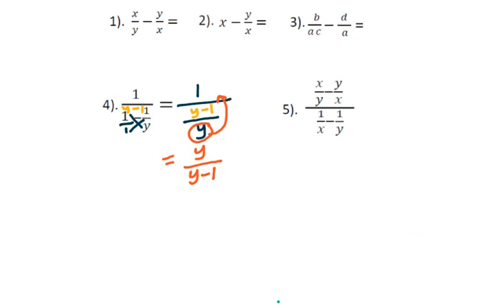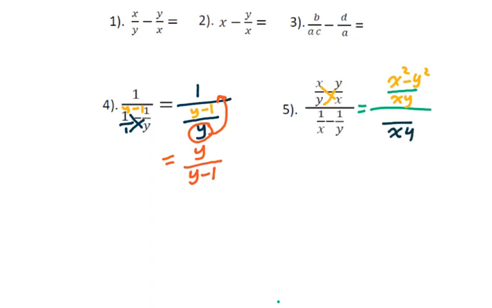Let's go to number 5. So we got operation of subtraction to the top. You will get the denominator multiply, that's xy. Cross multiply, you got x squared minus y squared. For the denominator, we do the same thing.